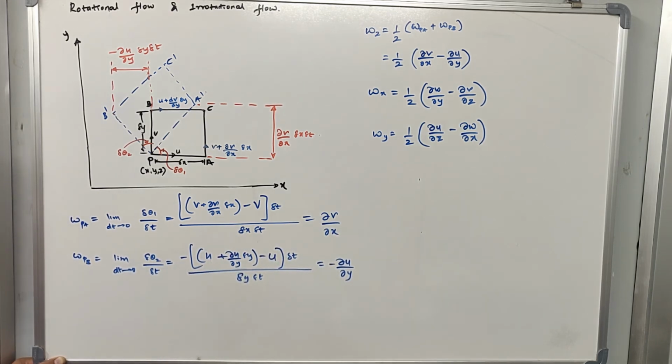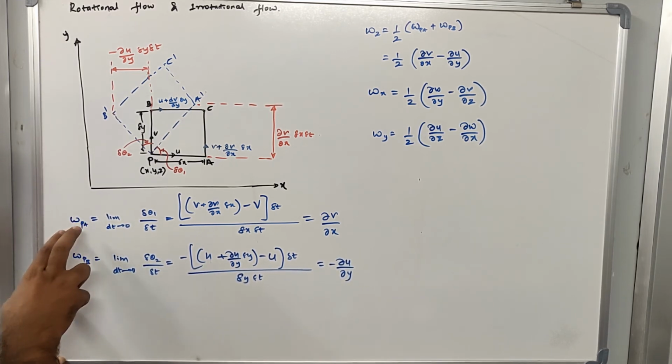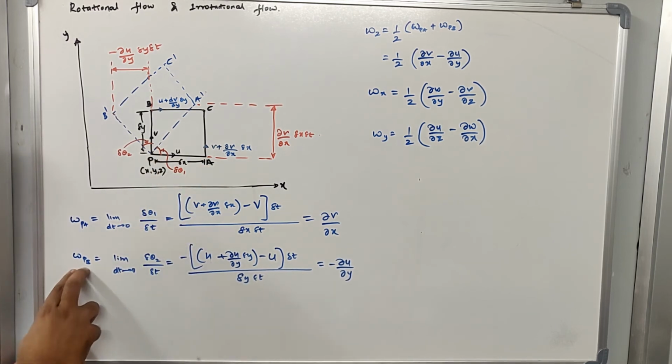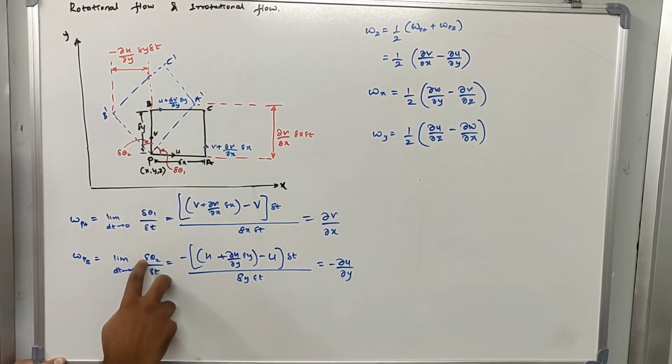Now we have calculated omega PA, the angular velocity of line PA. Next we calculate omega PB, the angular velocity of line PB, which is delta theta 2 by delta t.